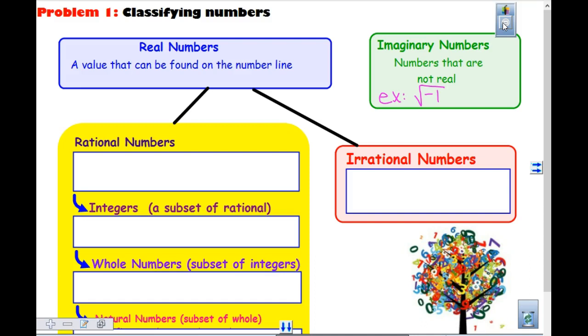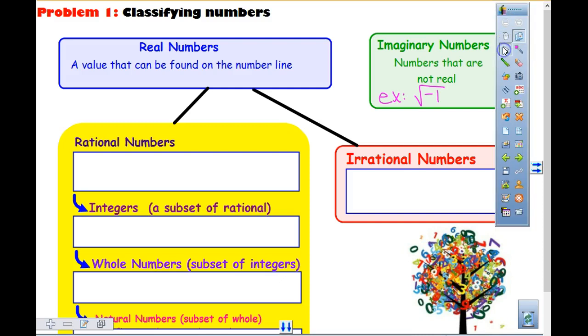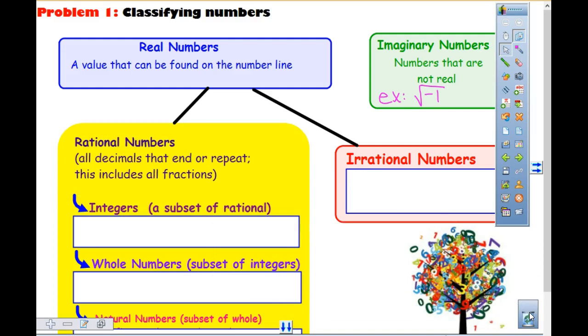Rational numbers. What are we talking about for rational? Rational, any number that can be written as a fraction. And notice I put with that, it includes all decimals that end or repeat. So when you're thinking rational, is that better?